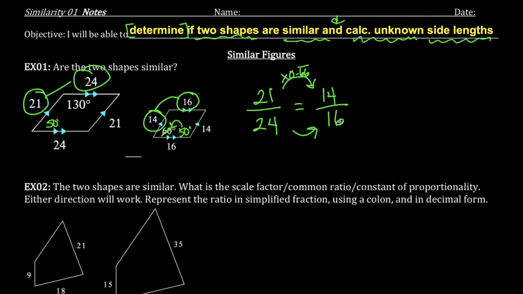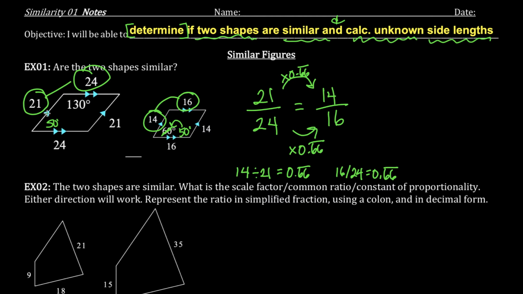So 16 divided by 24 is in fact 0.66 repeating. If you need to see that again, I did 14 divided by 21. And I did 16 divided by 24.